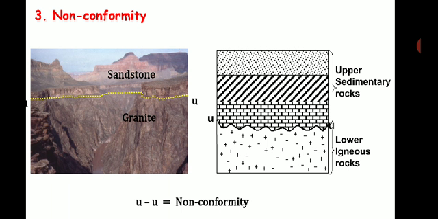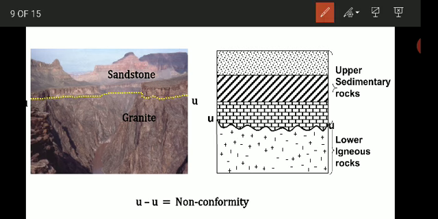Then the next type of unconformity is non-conformity. So what is a non-conformity? So here you can see there are two different types of rocks. Okay, the older ones are granitic rocks, and the top one you will find is sedimentary rock, that is sandstone, and granite is an igneous rock.